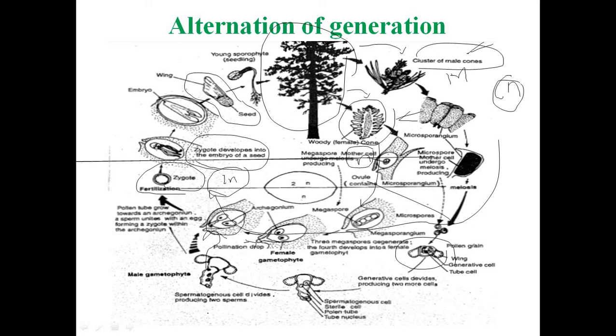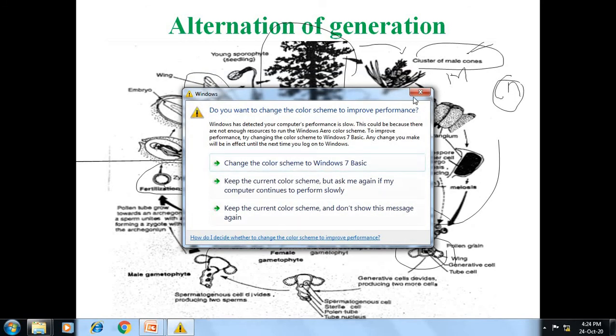When we go to the economic importance, as in the first topic on the economic importance of gymnosperms, this is a large genus and a number of species are used for different purposes. Male cones and female cones are used for decoration purposes.